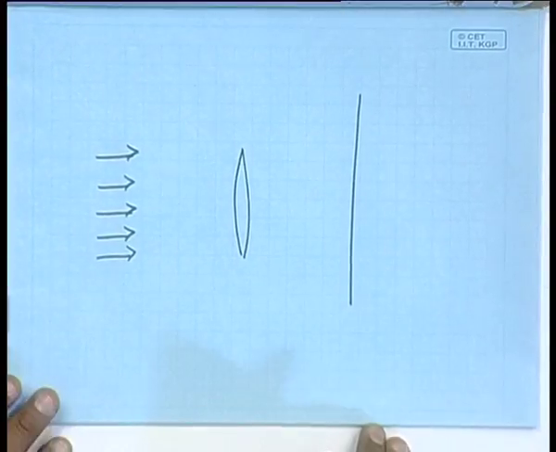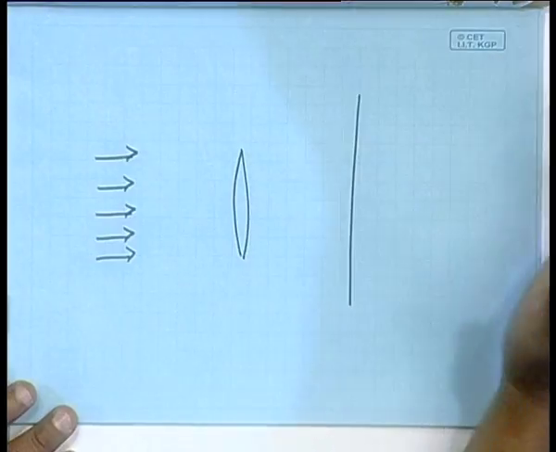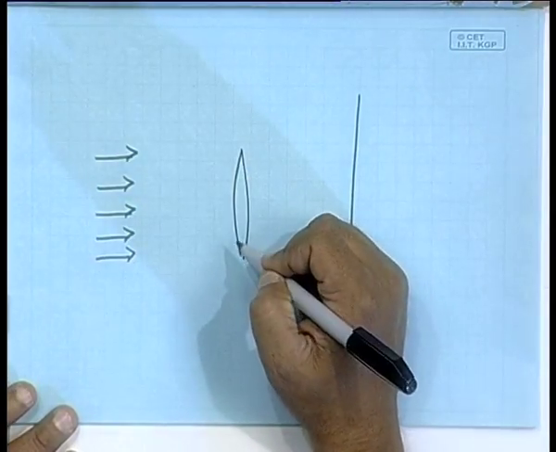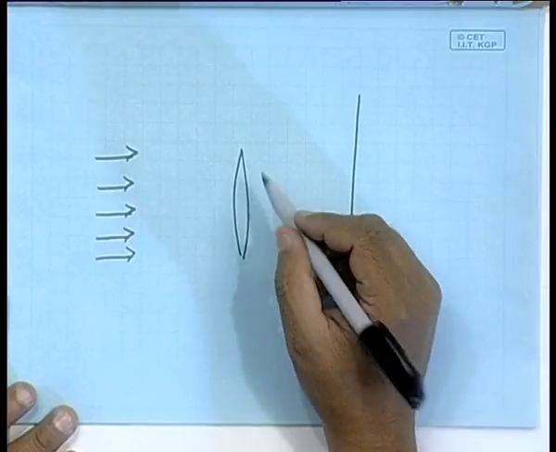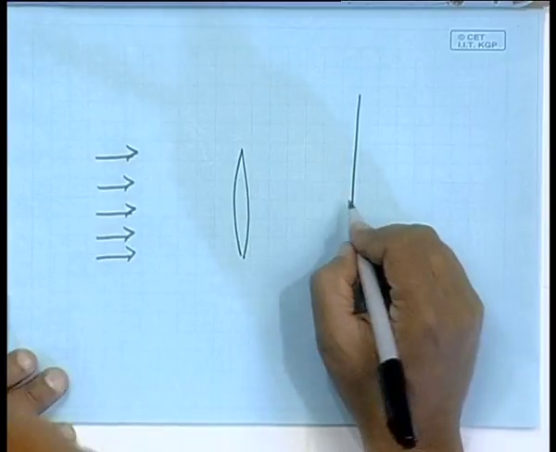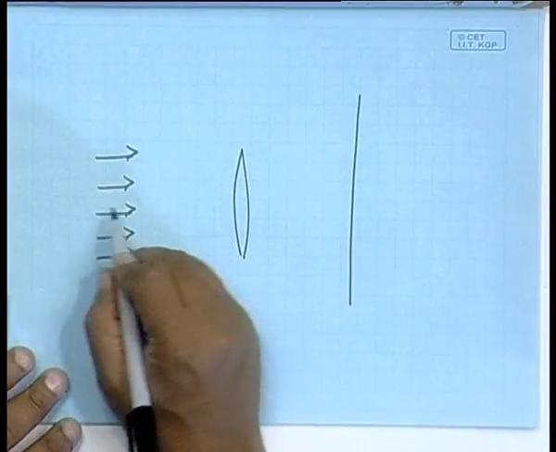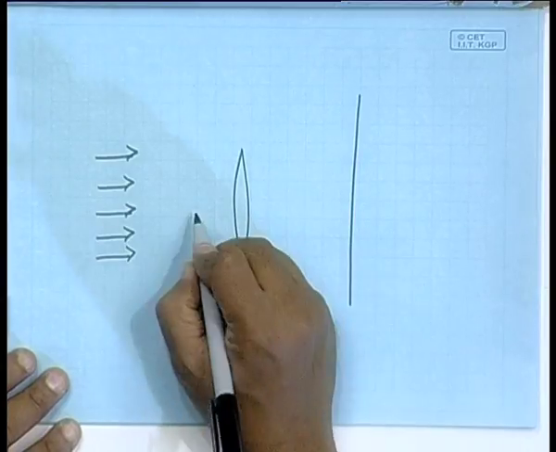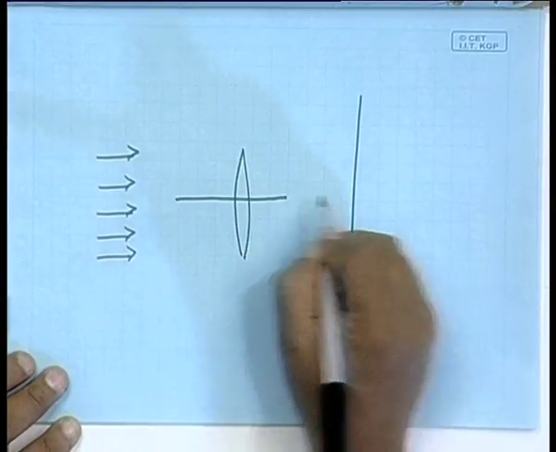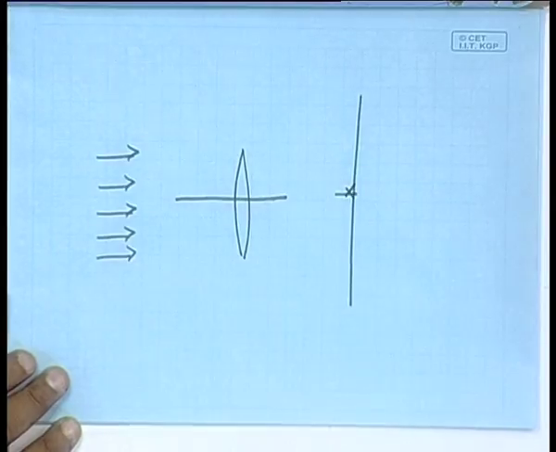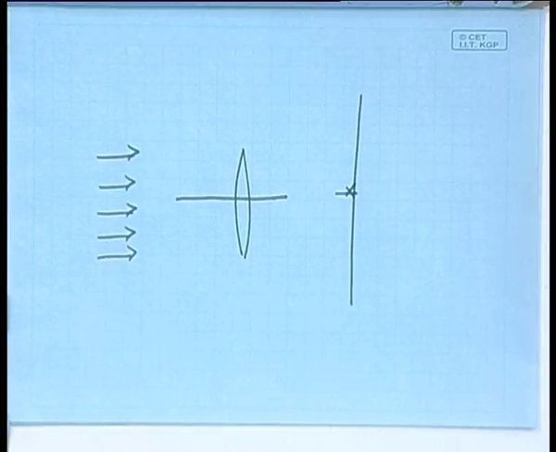Or equivalently, the screen is located very far away. Now, what the lens does, in this case we will discuss the situation with the lens. What the lens does is it focuses the plane wave to a point, and if the wave is parallel with the optic axis of the lens, the wave gets focused to a point at the center.